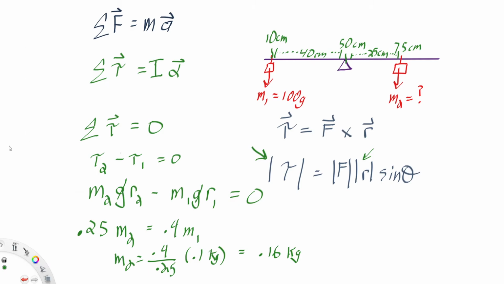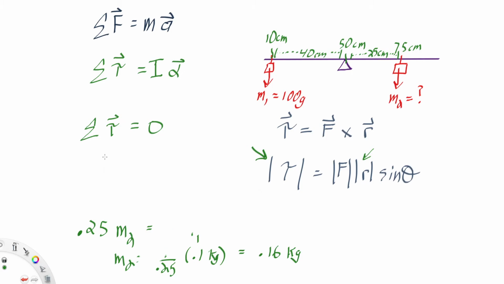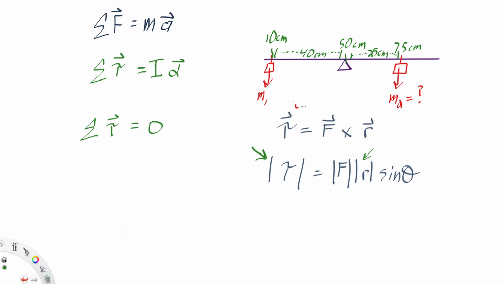how would we tackle this if we changed up this procedure a little bit? What if there was no mass 1?